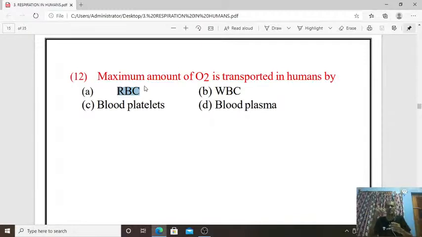Plasma of the blood has water content, so it is very less, because oxygen does not readily dissolve in the water content of the plasma. About 97% is transported through the hemoglobin molecule present in the RBC. So the answer is A for question number 12.